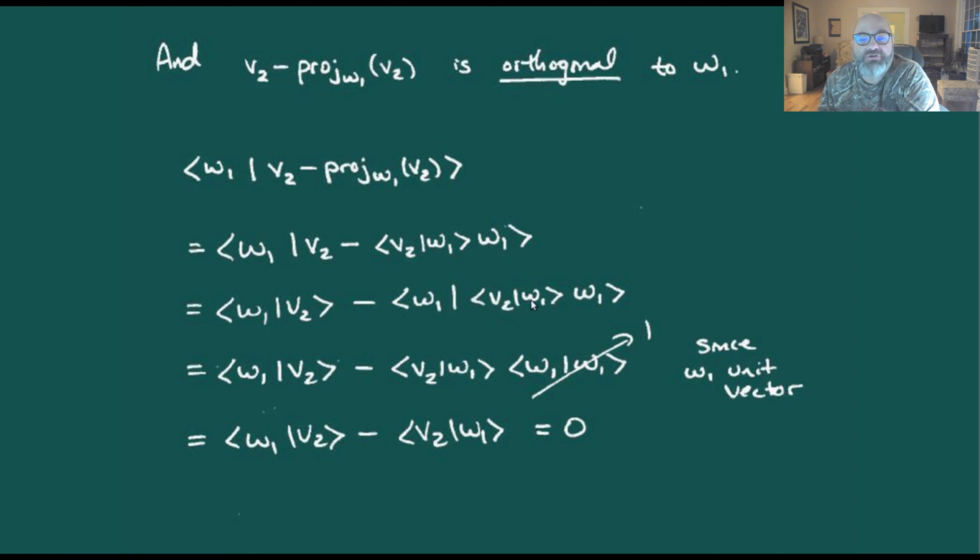Well, this v2 dotted with w1 is a scalar. We can pull that to the outside since our dot product is linear. And so we have w1 dotted with v2 minus our scalar times w1 dotted with itself. Well, w1 dotted with itself is 1 since it was a unit vector. And since our dot product is symmetric, these two are going to be equal, so they cancel each other out, and we get 0. So this result, v2 minus the projection, is going to be orthogonal to w1.